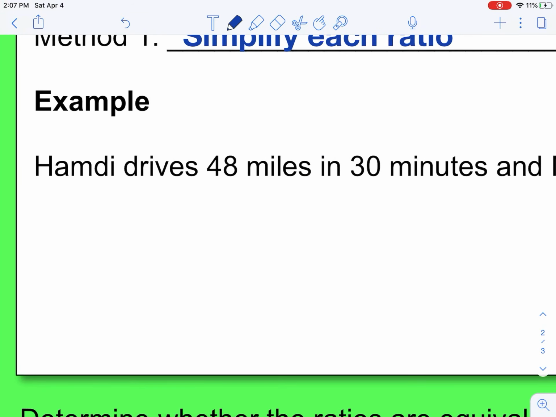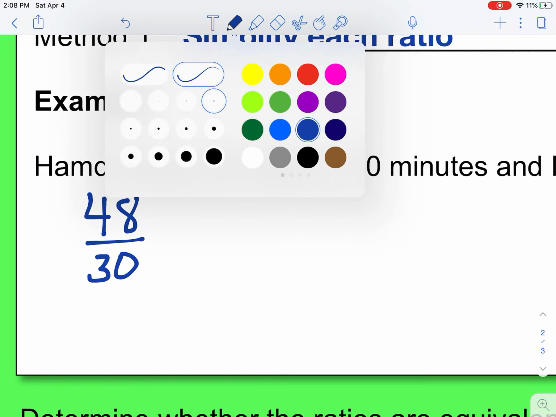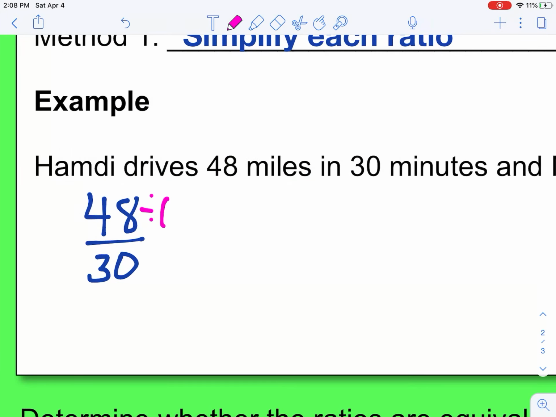For Hamdi's ratio, we have 48 miles in 30 minutes. I could simplify that by dividing both of those by, let's see, 6. And 48 divided by 6 is 8, and 30 divided by 6 is 5.